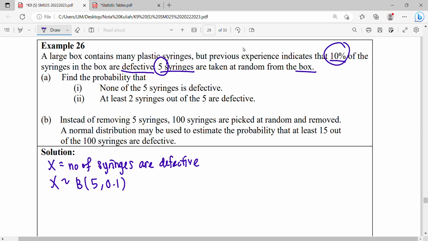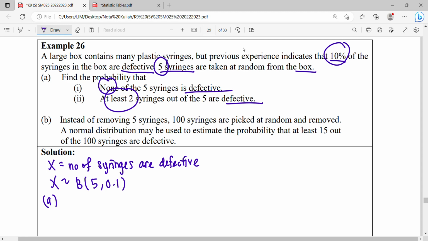So you can notice that in our question, among these 5 syringes, they are talking about defective. Defective, how many? None of them defective, at least 2 defective. So it will analyze, out of those 5 syringes, the number of syringes. For question A, it is still binomial because your sample is just 5.